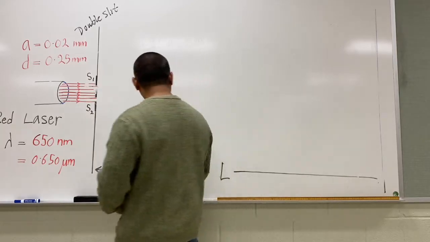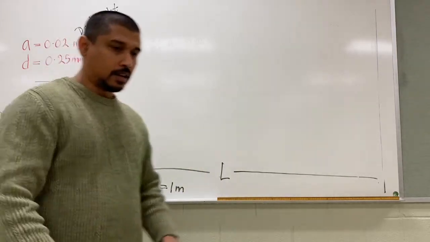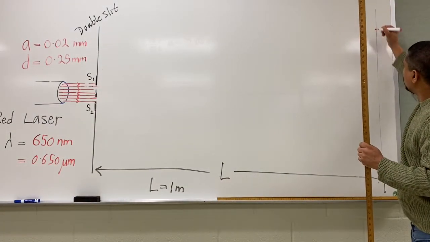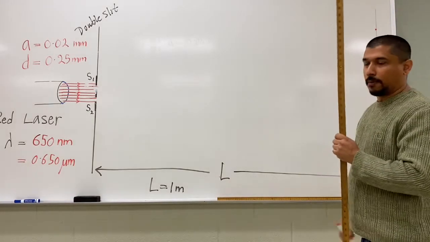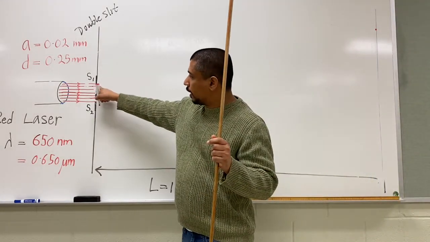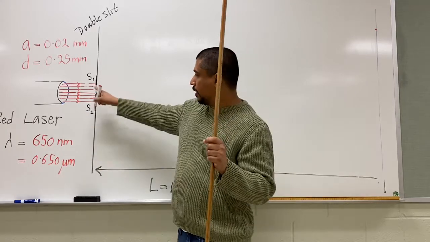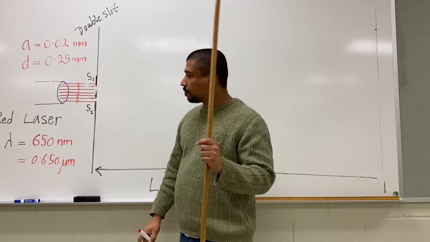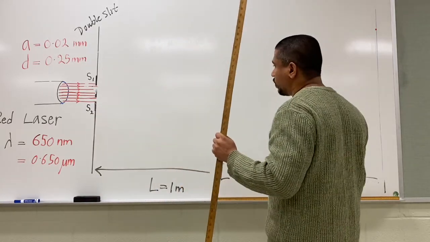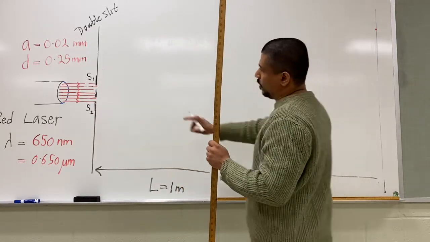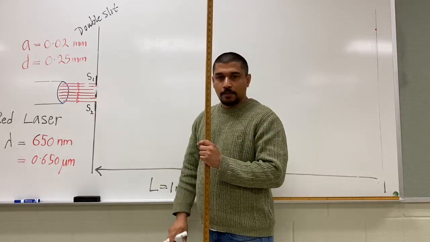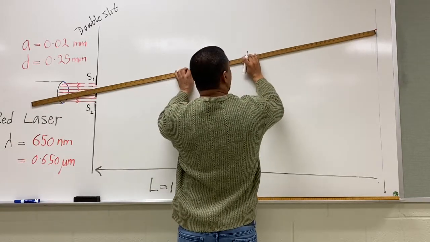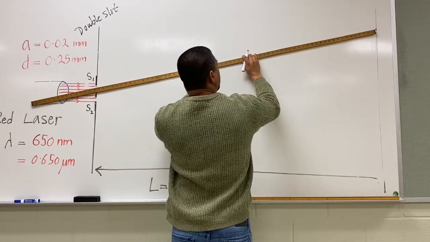So if you consider two light rays which are coming to this point on the screen from these two point sources now, S1 and S2, we consider these slits, they now work as point sources. Now if you consider two light rays coming to this point from these two slits, these rays are almost parallel to each other.